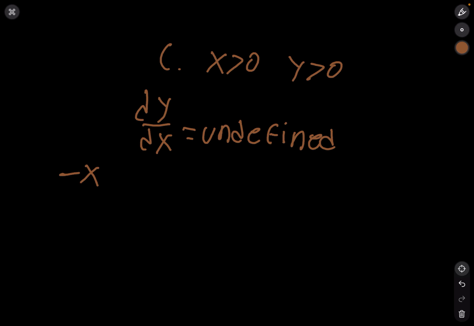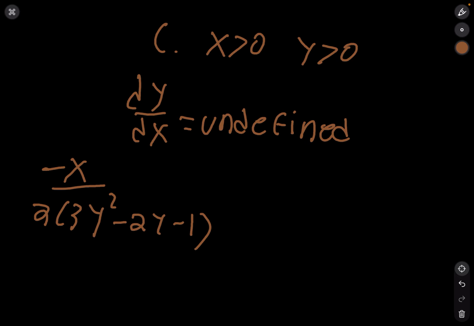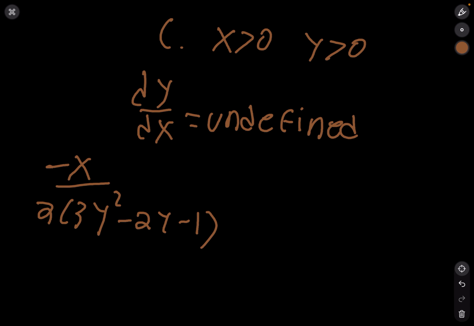Now we have to go back to our differential equation, which was just negative x over 3y squared minus 2y minus 1. Now, since we're trying to find where it's undefined, this means that we're trying to find the vertical asymptote, basically.